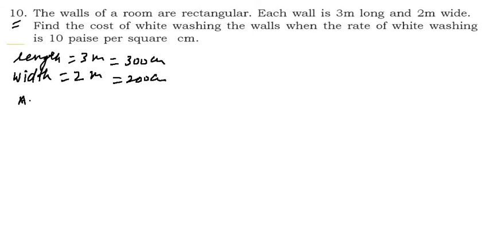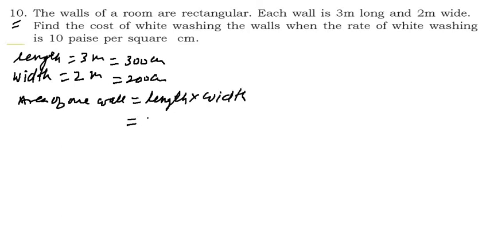So area of one wall, that is length into width. The length is given as 300 and width is 200. So that is 60,000 square centimeter.